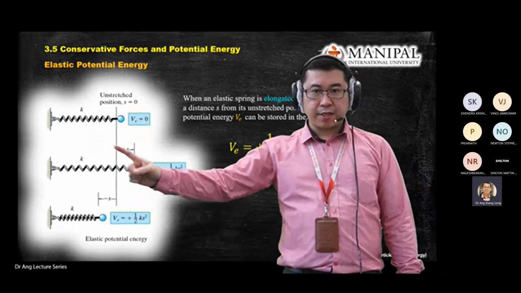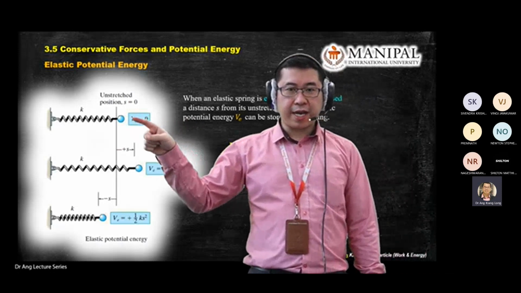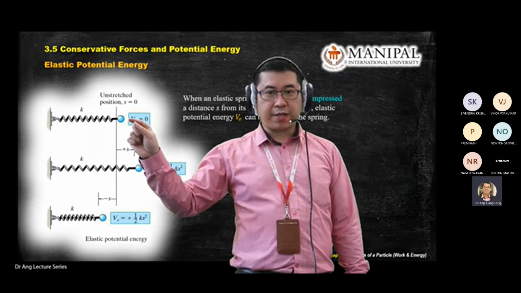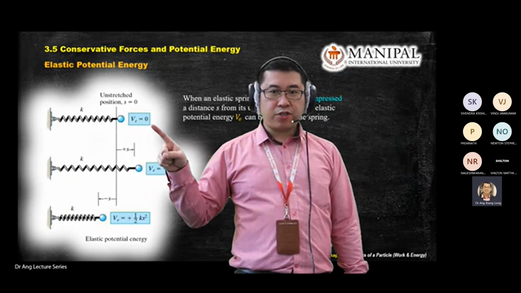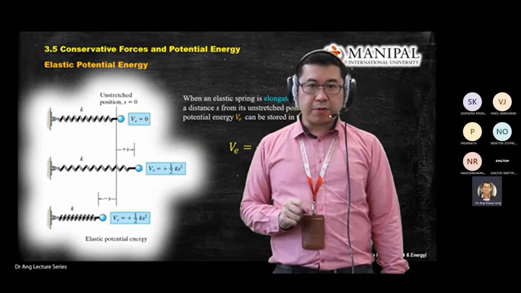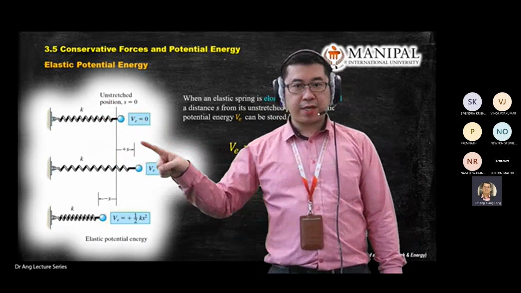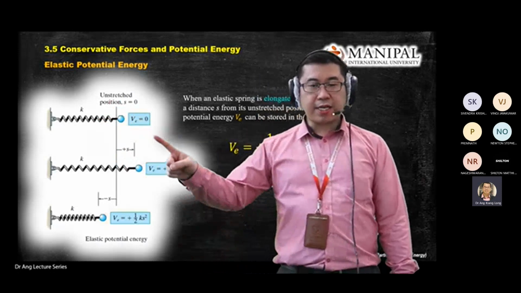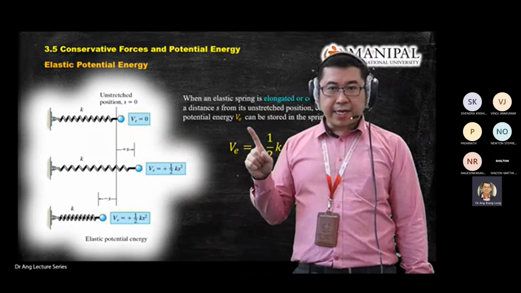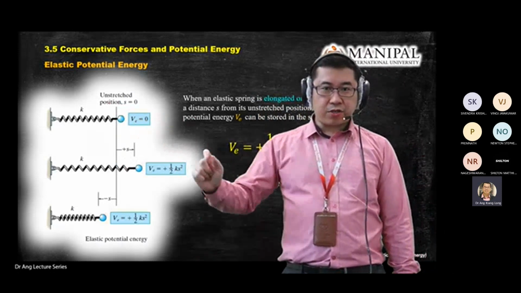Okay. So if the spring is not charged with anything, meaning you stay at the unstretched position, at rest, the energy is zero. The potential energy inside the spring is zero. In this case, we use capital V sub e to represent elastic potential energy. So at rest, energy is zero.